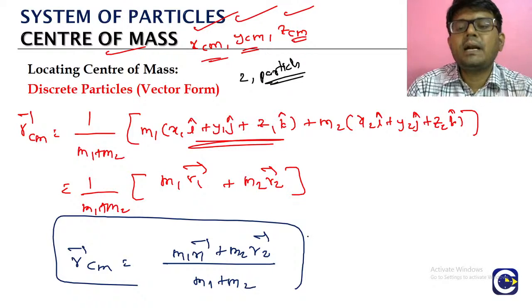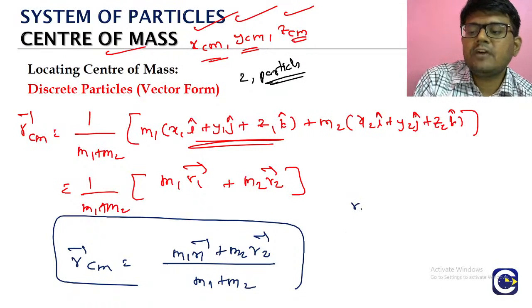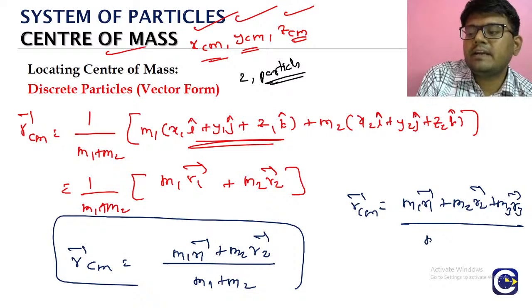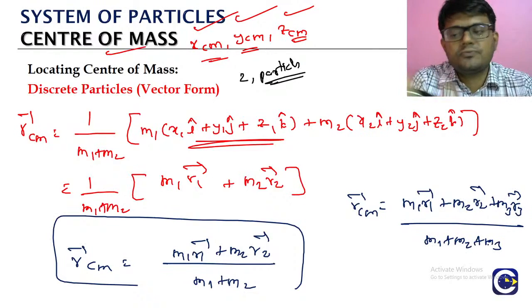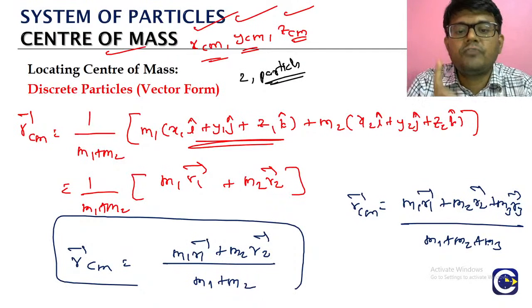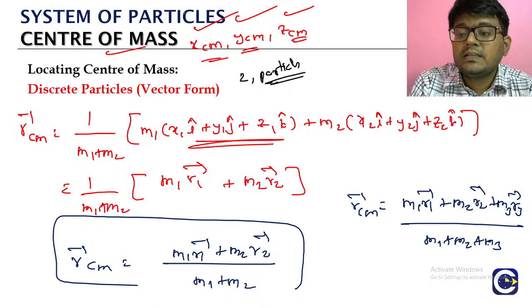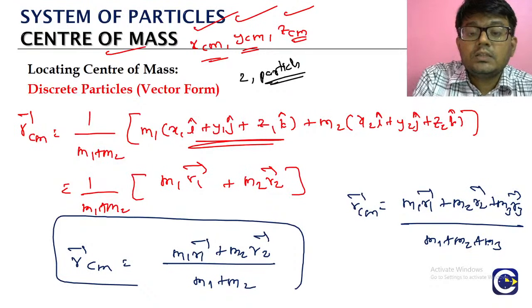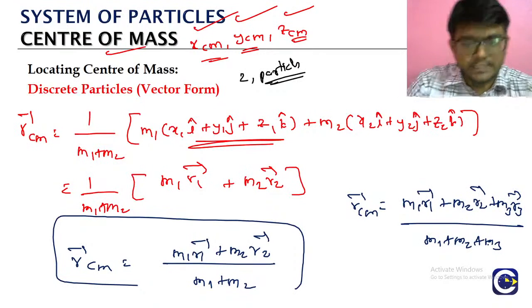If you have three particles, the center of mass will be m1r1 plus m2r2 plus m3r3, divided by m1 plus m2 plus m3. Four particles means four terms will come, five means five terms will come. So this is how we will be able to find the center of mass position vector form, related to the position vectors of the respective particles.